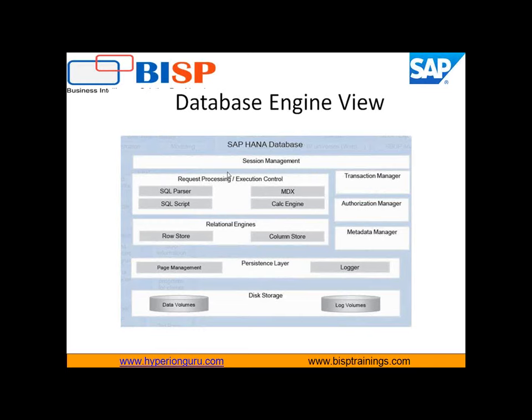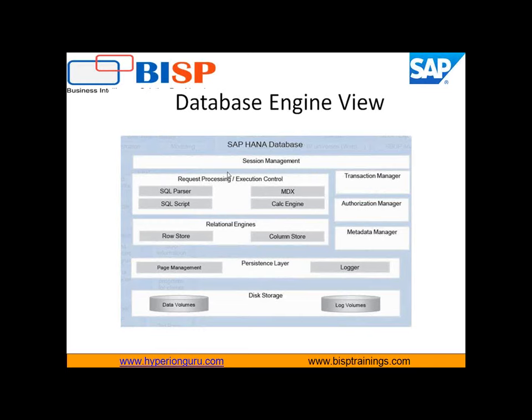All these relational tables, columns, views, indexes, and procedures are dispatched to the metadata manager. You will understand this concept of columns, views, and procedures when we see exactly the look and feel of HANA Studio.